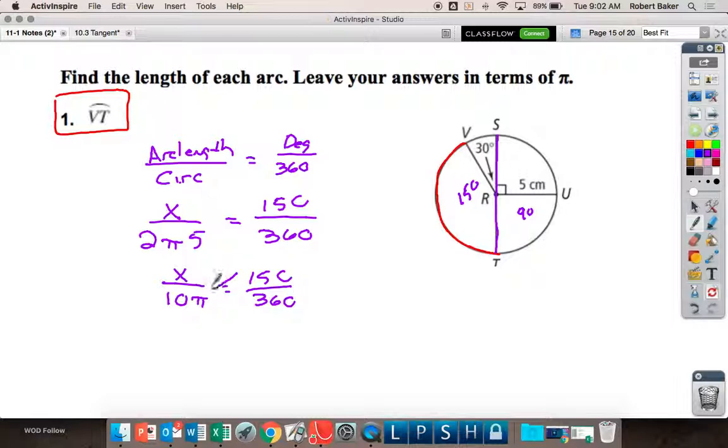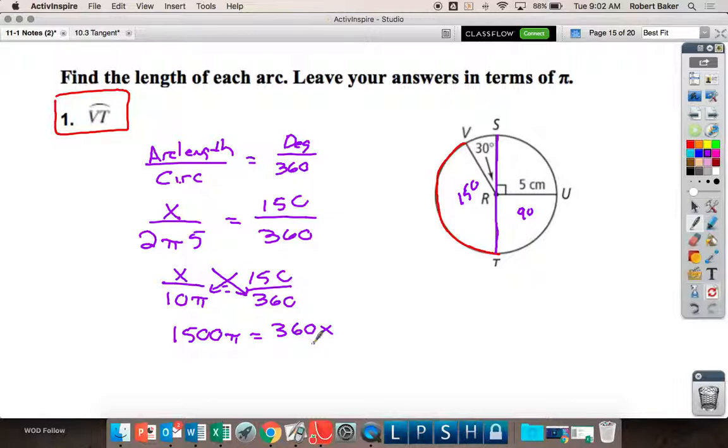Cross multiply. 10 pi times 150. What's 10 times 150? All right, 150 times 10 is 1500 with a pi. Multiply the other way. X times 360 is 360x. We're trying to solve for x.